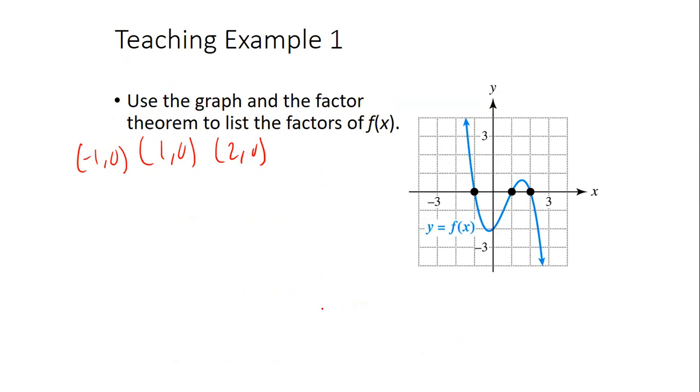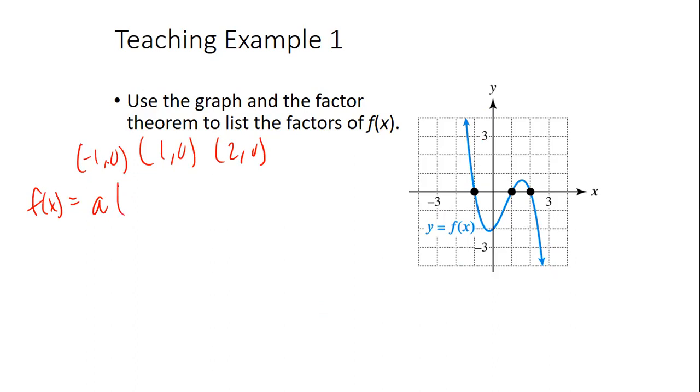Based on this, I can now write a generalized factored form. The generalized factored form is f of x equals, and notice I put an a in front. The a is because I don't know if this is a stretch or a compression. Is it negative or positive? Well, I do know that a is negative because it ends negatively, but I have to put the a because it's not the exact form, it's the generalized.